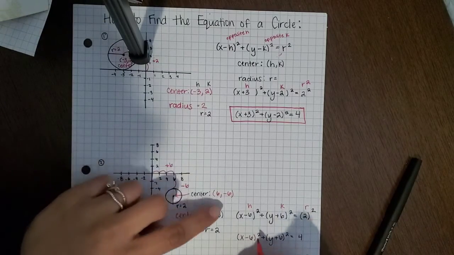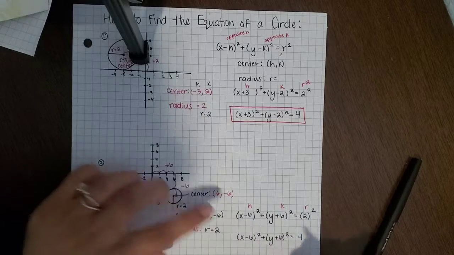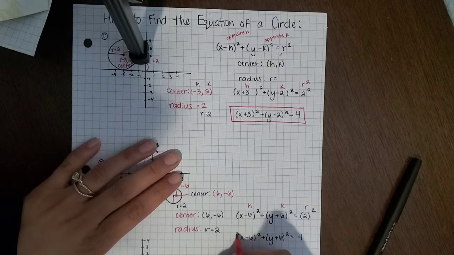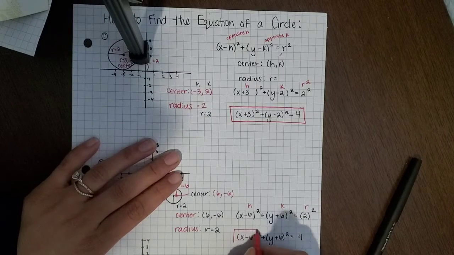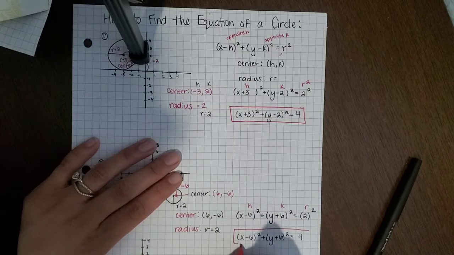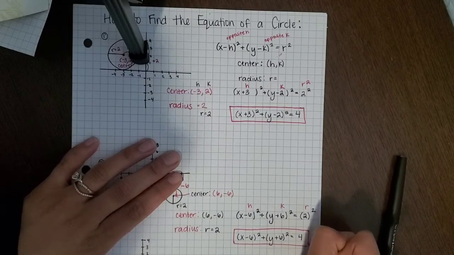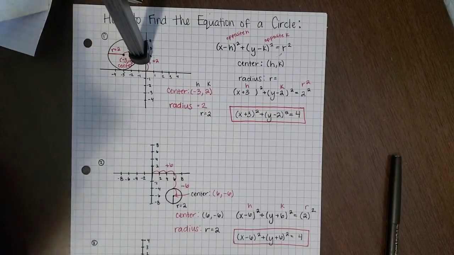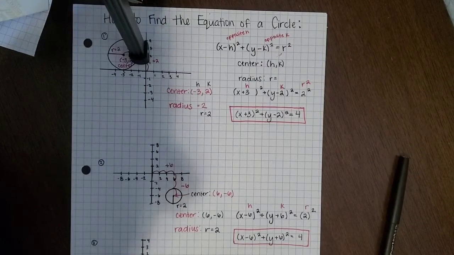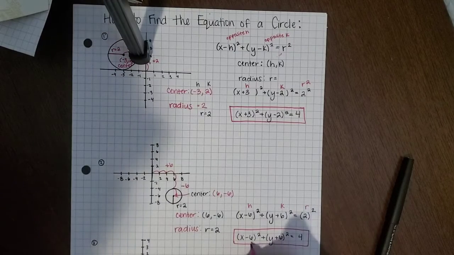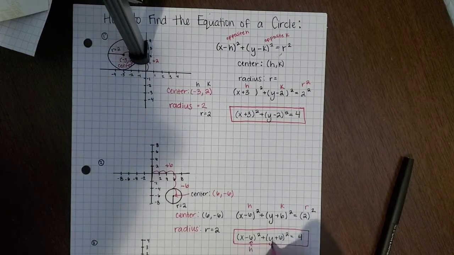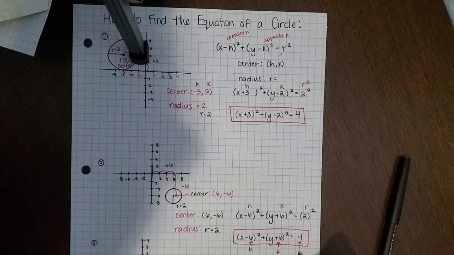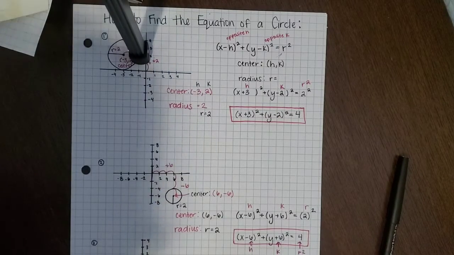This is my h, k, and my r squared. And this is my final equation of this circle right here. And if you guys want to just always label, this is my h, my k, and this value right here is r squared.